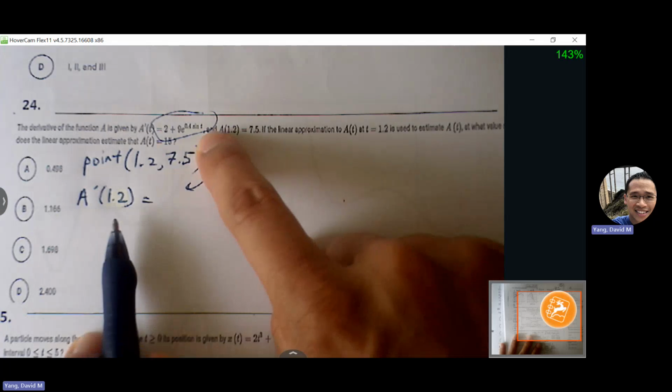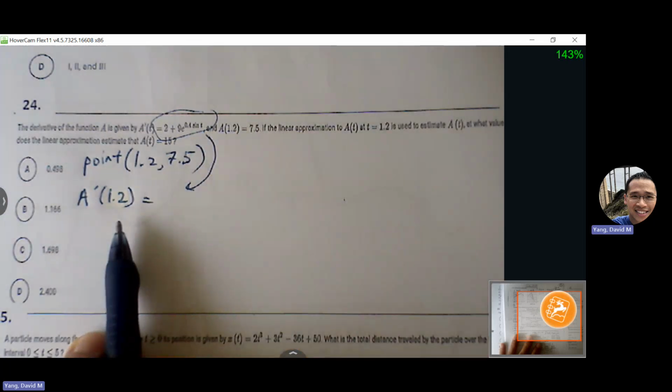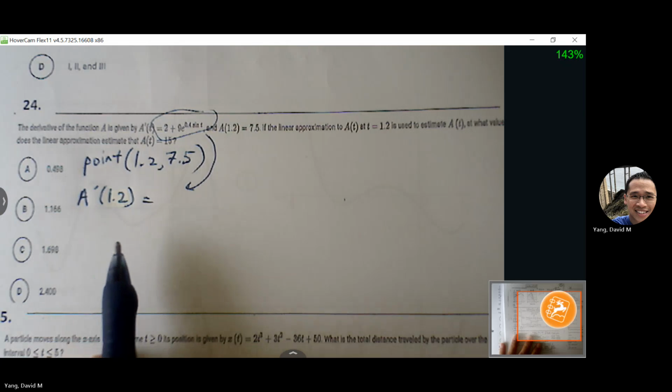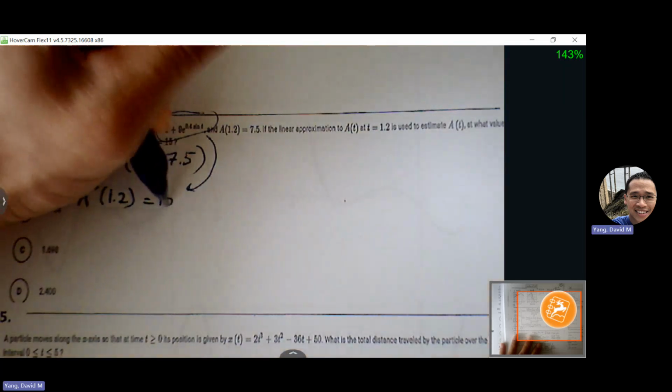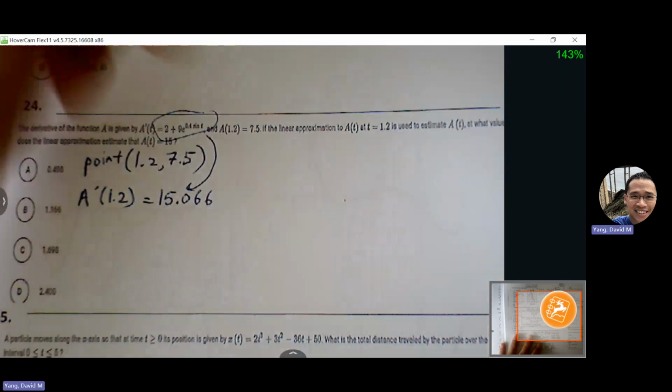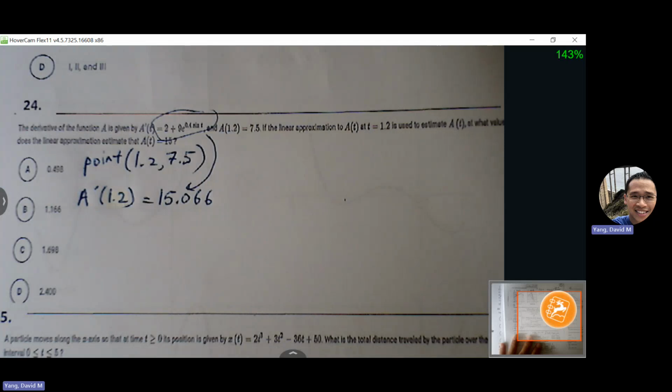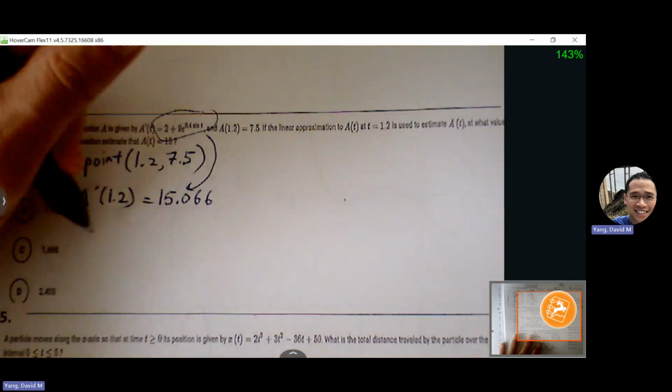So 1.2 in for the t, so it's 9e to the 0.4 sine of 1.2. That's going to give me 15.066. Okay, so there's my ordered pair, there's my slope. Let me build my tangent line equation.